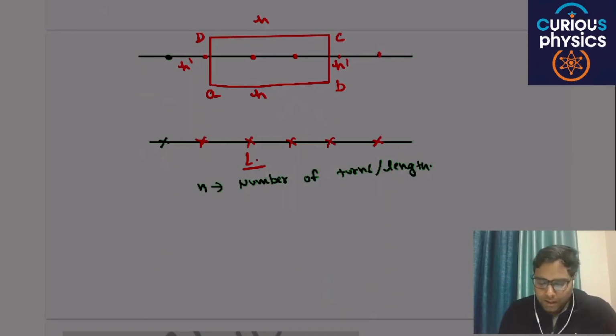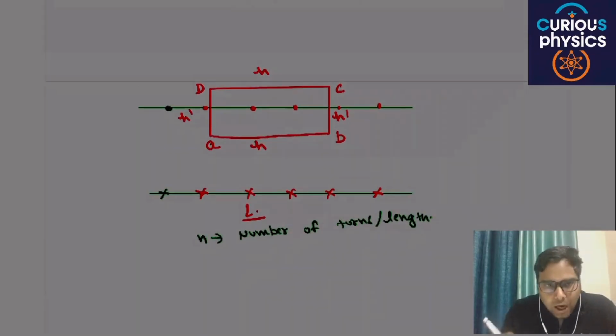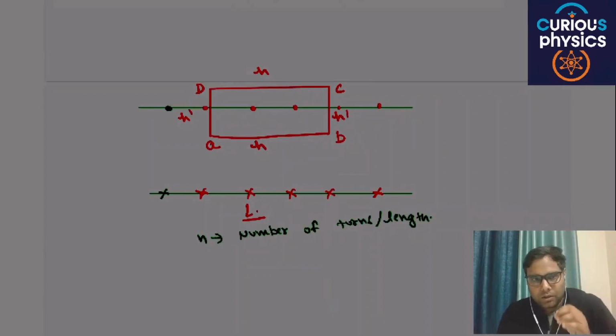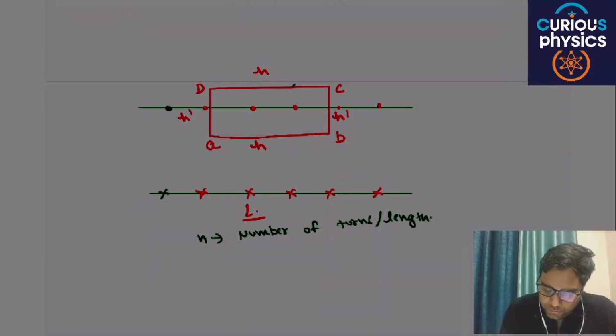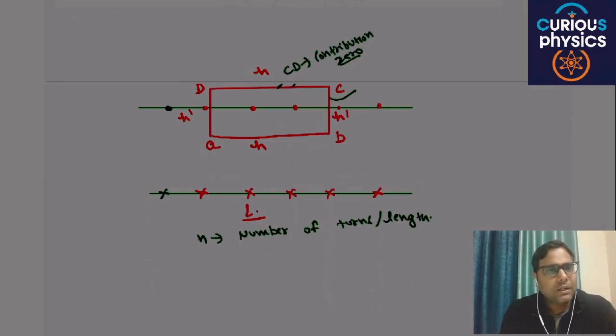So here, let's say the CD part is outside the solenoid, and there is no magnetic field there, so the contribution of the top CD part toward the magnetic field is zero.